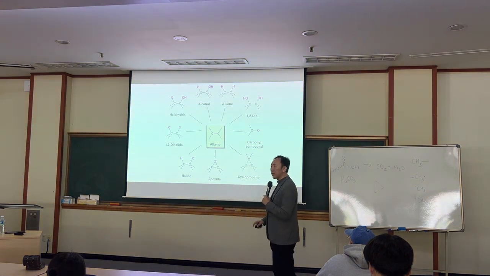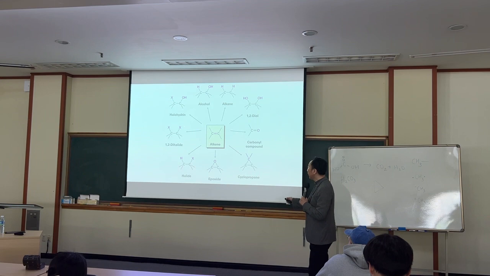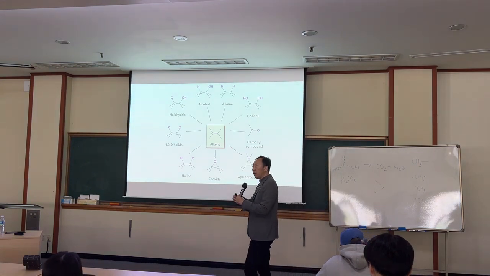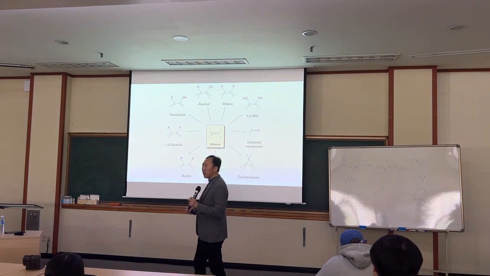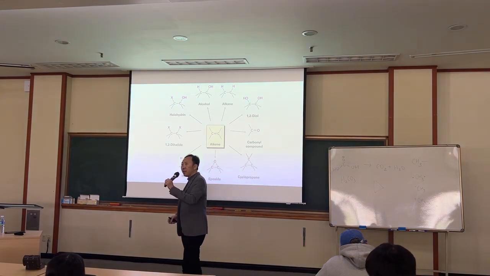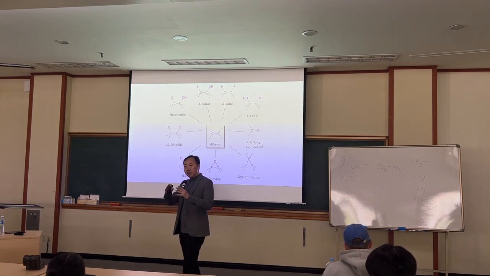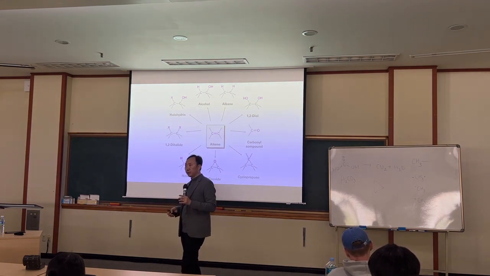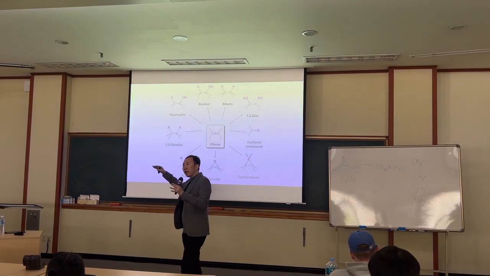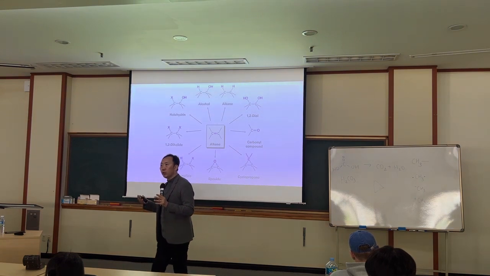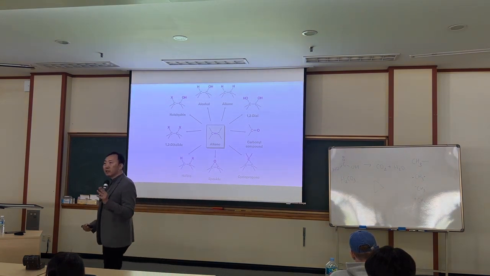When we started this chapter, we learned X2 addition. If you have X2, it can dissociate into X plus and X minus. X plus adds to the double bond, forming a cyclic intermediate, like a bromonium. And then the other X minus can attack from behind and the ring opens. Anti-addition. 1,2-dihalo, but that's anti-addition.